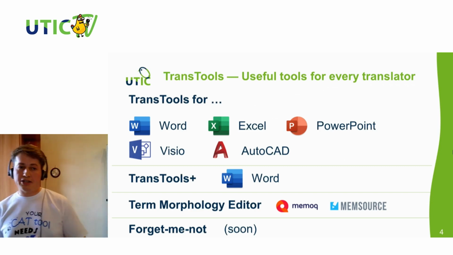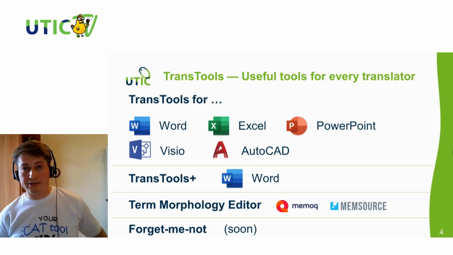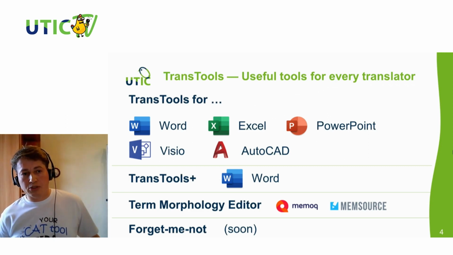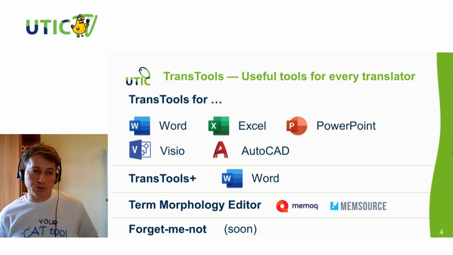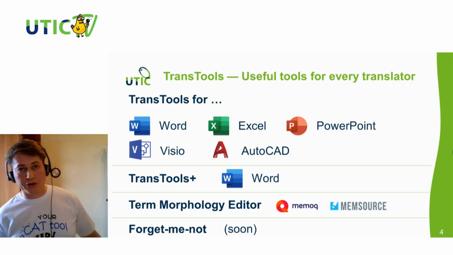TransTools is a set of plugins for Word, Excel, PowerPoint, Visio, and AutoCAD. It helps you prepare documents for translation in CAT tools, format documents after translation, translate Visio and AutoCAD drawings, and perform other repetitive operations.